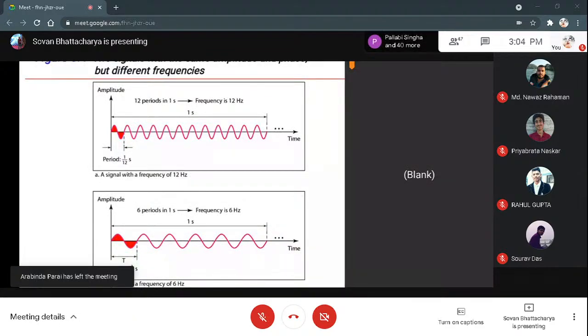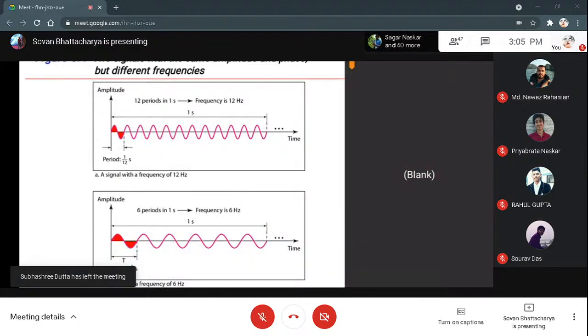Time period is how much time it takes before the signal repeats. You see a positive half, then the negative, then again the repeated positive. So the time from 0 to the next same peak is 12 seconds. So the frequency equals 1 by 12 seconds, where 12 is the period.